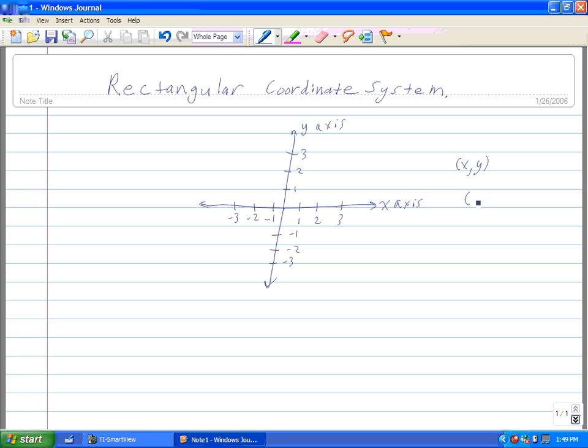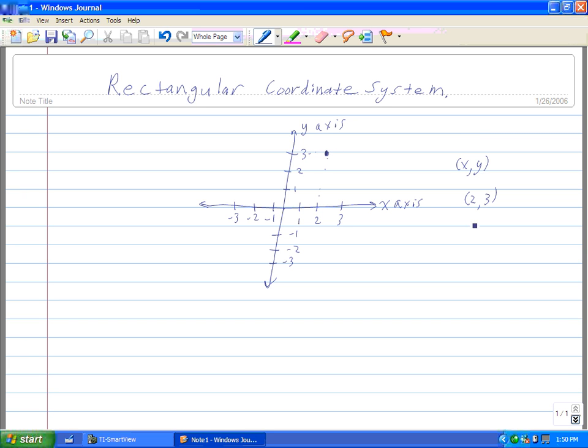Say, for example, I wanted to graph the ordered pair (2, 3). The 2 being first means it is the x value. The 3 being second means it is the y value. So to graph this point, I would come up from the 2 right here on the x-axis, come over from the 3 on the y-axis, note the point at which they intersect, and that would be the point that I graph.